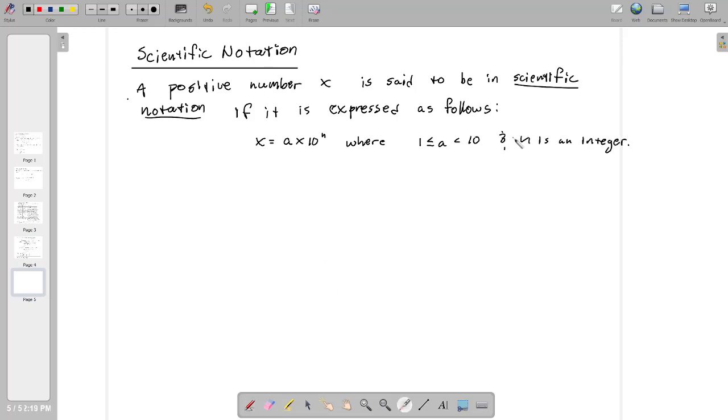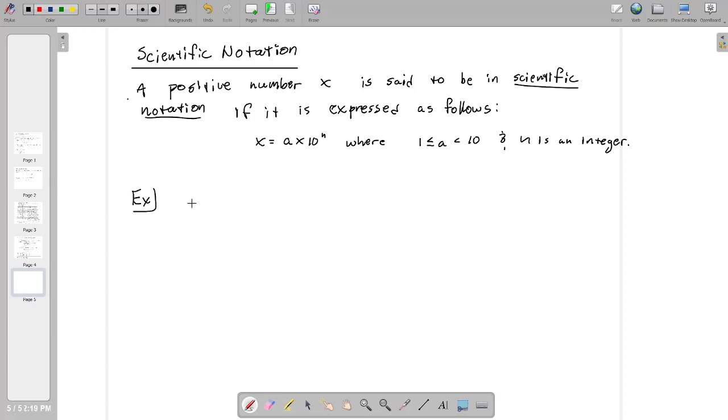I want you to notice that n is an integer means that n has the possibility of being negative. Now, the sign in the scientific notation is going to be described by which way we move a decimal. Let me show you what I mean here.